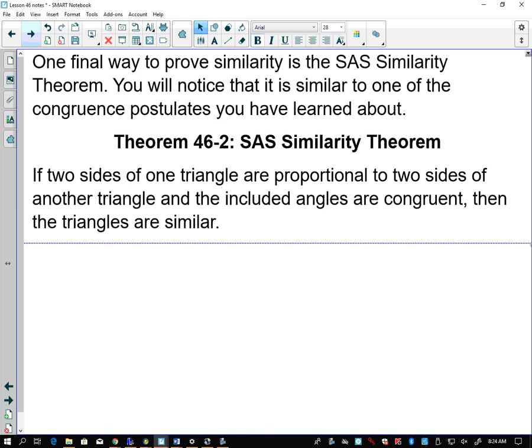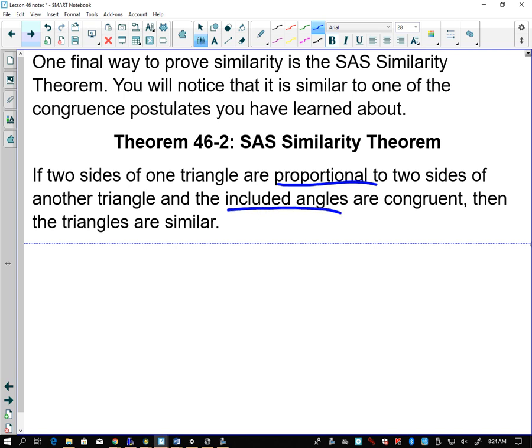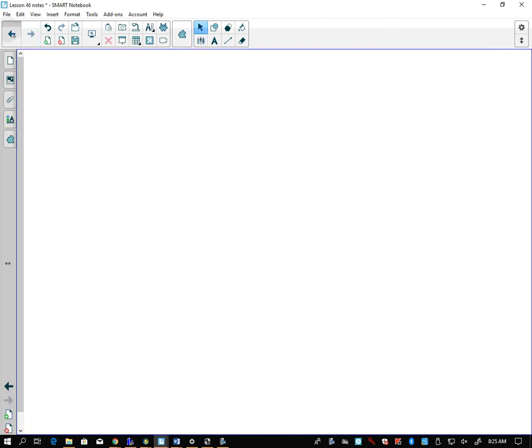You'll notice that it's similar to the congruent postulate that you've learned about, except if two sides of one triangle are proportional to two sides of another triangle and the included angle is congruent, then the triangles are similar. Does this make sense? Feel like we understand some of this? I think that might be the last slide there.